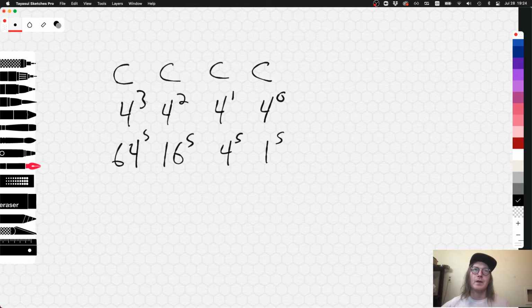Okay. And we could translate this to a numeric value, but one way to think about how many different possibilities we have is if we maximize all of these places, right, 64 plus 16 plus 4 plus 1, that is just going to be 4 to the 4th power. So we can see that.